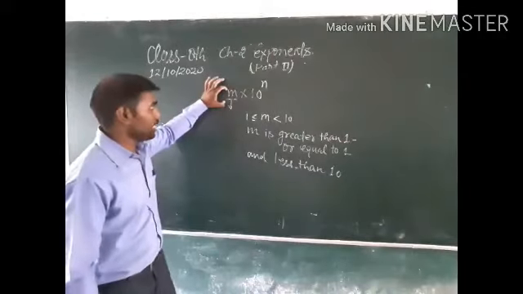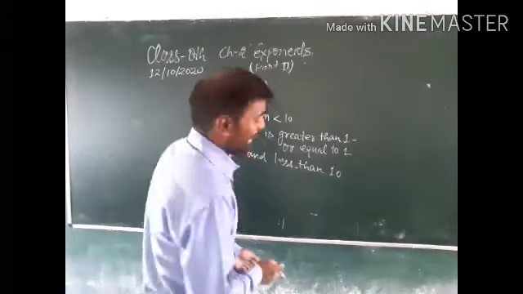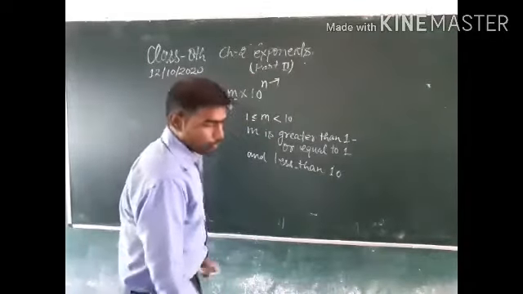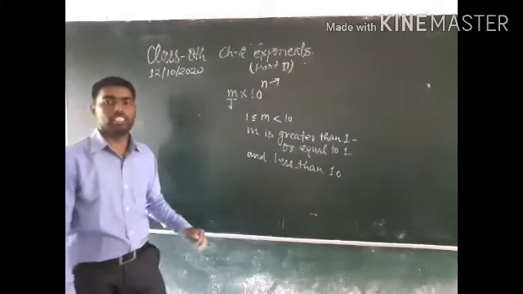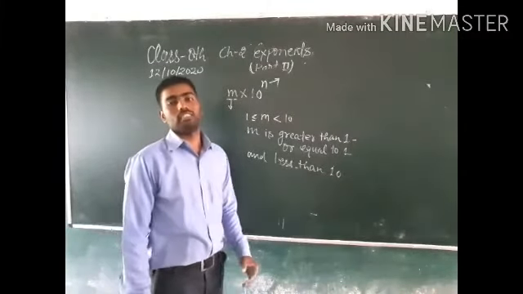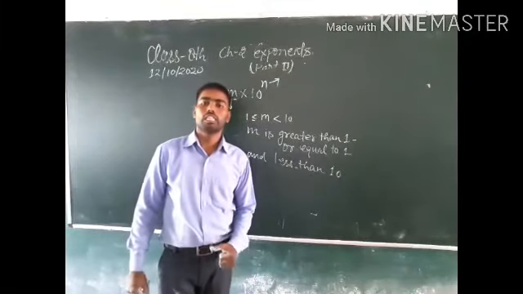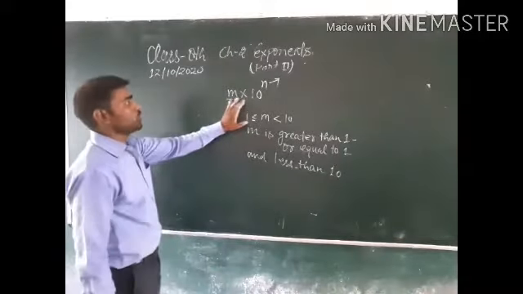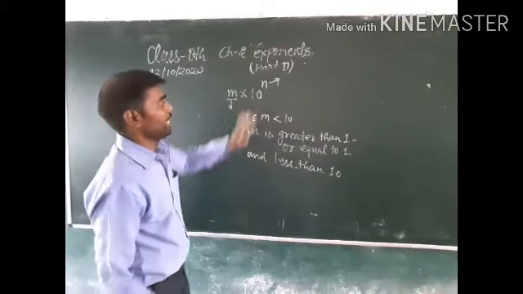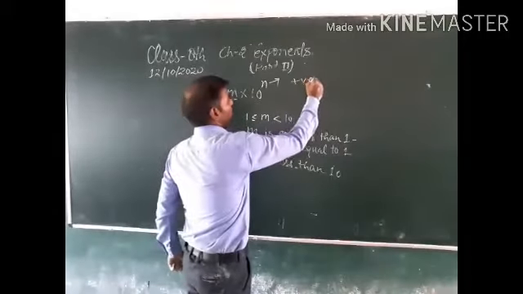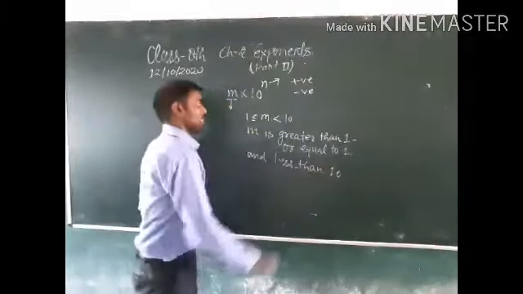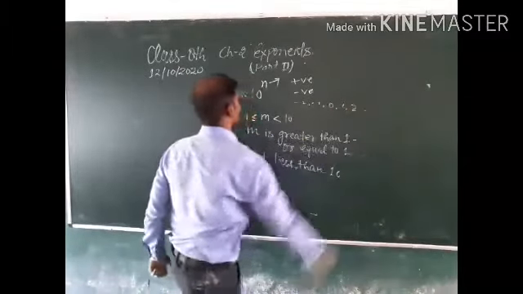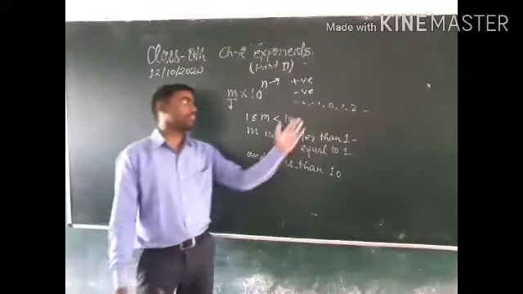And this is in decimal expression, and n is either a positive or negative integer. What is an integer? Integers include negative numbers, 0, and also positive numbers: minus 2, minus 1, 0, 1, 2 and so on. So in m into 10 to the power n, m is here and n is an integer.